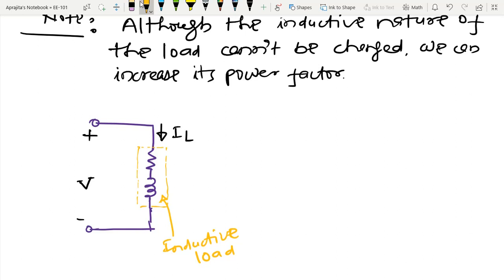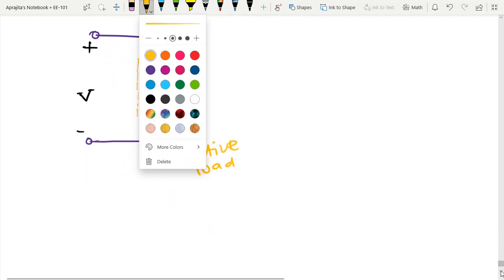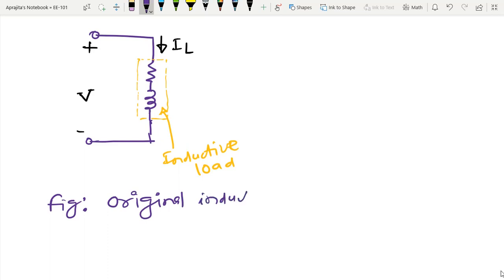So this figure represents the original inductive load, and we have already seen several practical places where we are using this kind of load.